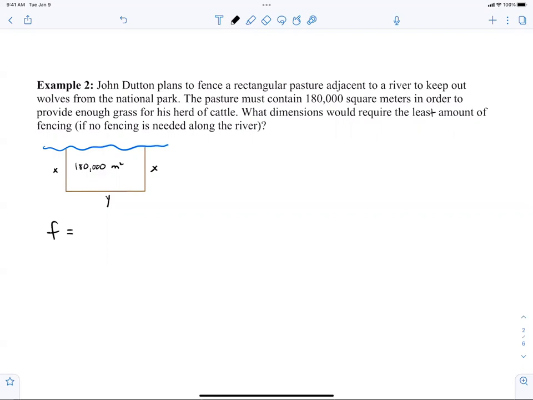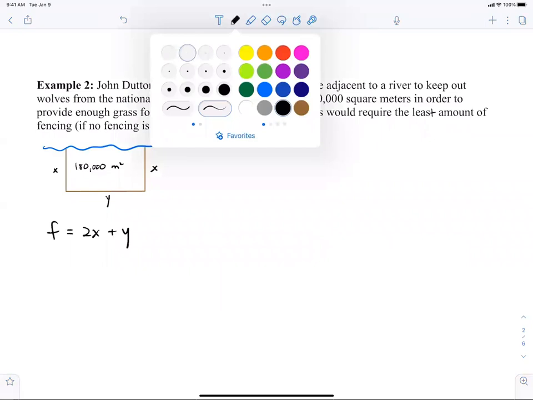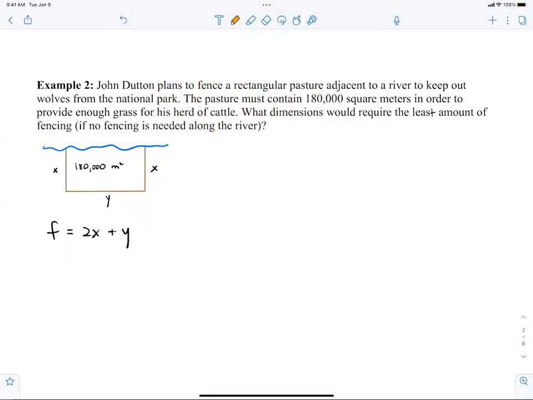So then X plus X is 2X plus Y. And we run into the same issue that we did in the previous example, where F is in terms of two variables. So we were trying to minimize F. Well, we know that X times Y is 180,000.